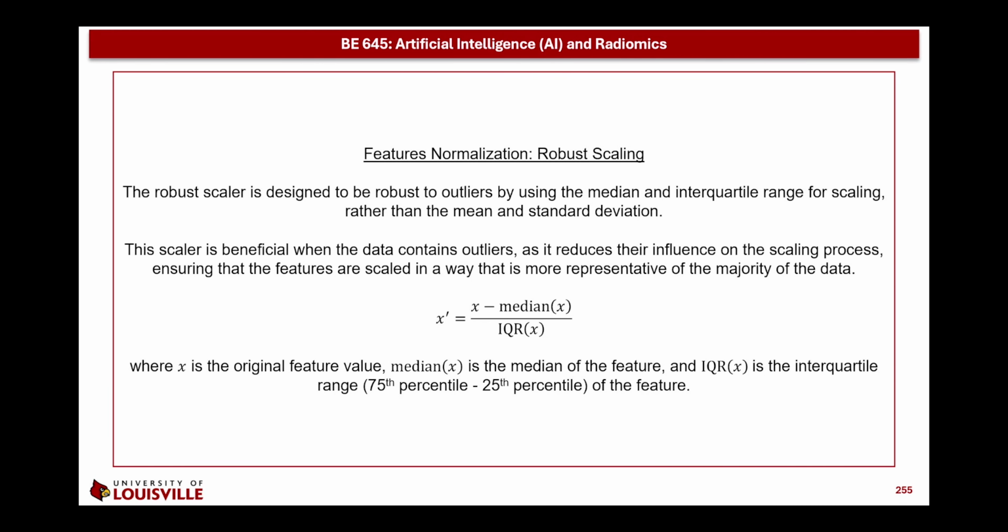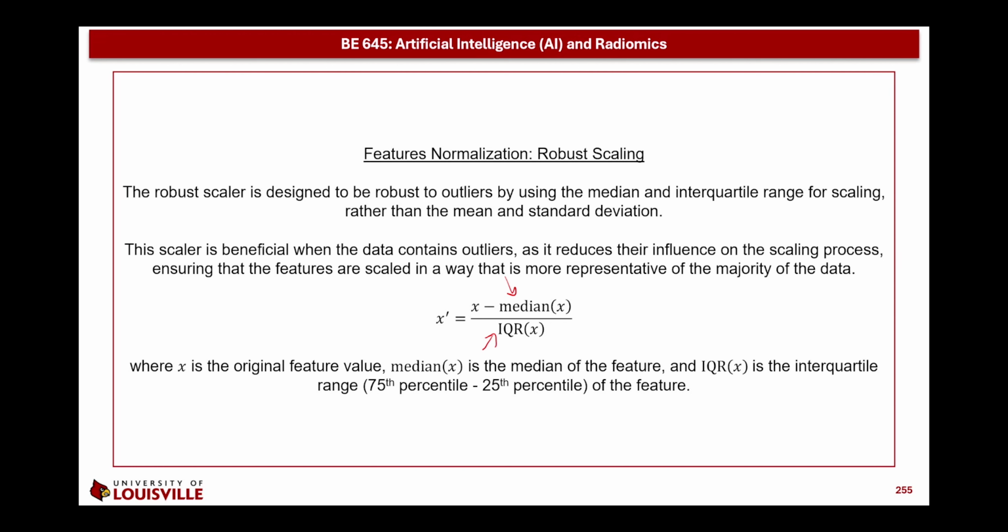A third feature normalization technique is called robust scaler, and it's designed to be robust to outliers by using the median and interquartile range for scaling, rather than using the mean and standard deviation. So instead of subtracting the mean, we subtract the median, and instead of dividing by the standard deviation, we divide by the interquartile range.